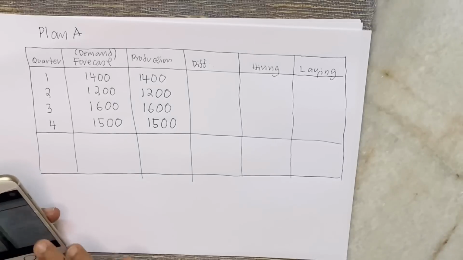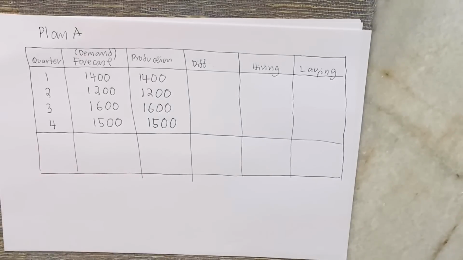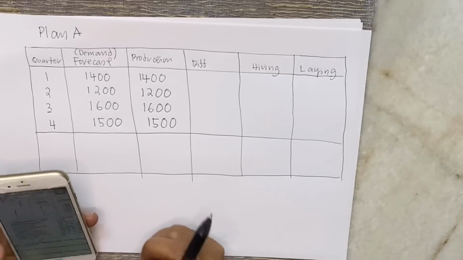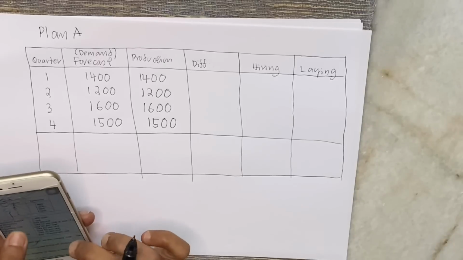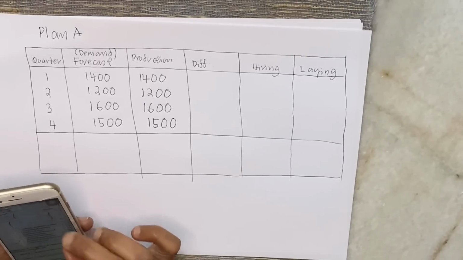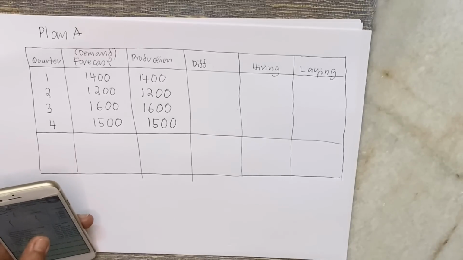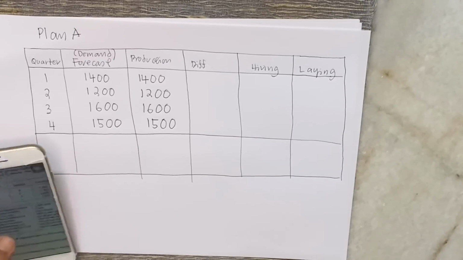But class, we have to look into the question. We have to look into the additional information given in the second table. What does it say? It gives the previous quarter output. What is the previous quarter output? 1300.